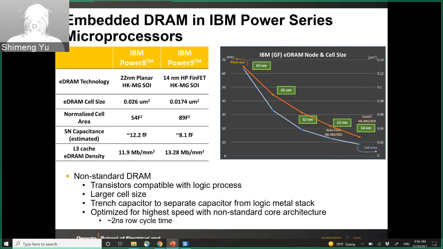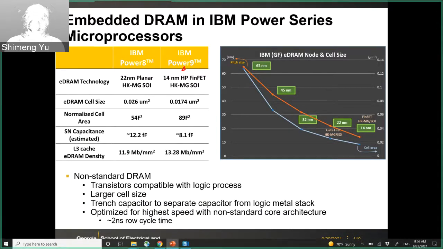I believe the latest one is the Power 9 that was introduced in 2017. And this year, they're supposed to release the Power 10, the latest one. But I haven't seen that yet. It's in news articles, but the details are not released yet. So the available one is the Power 9.